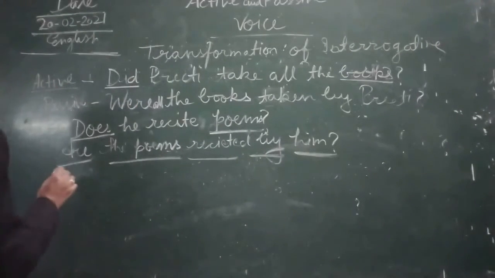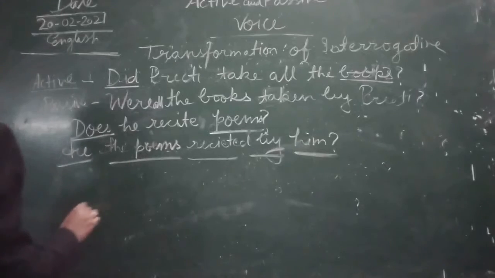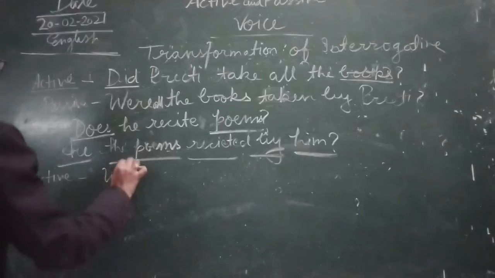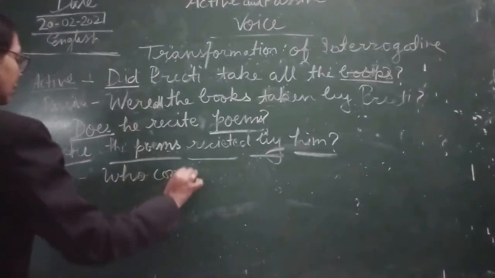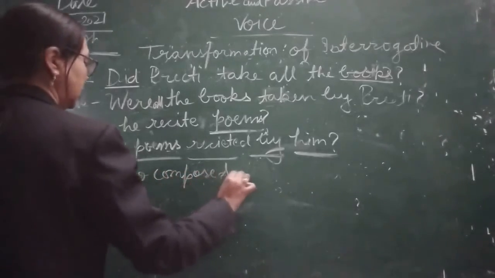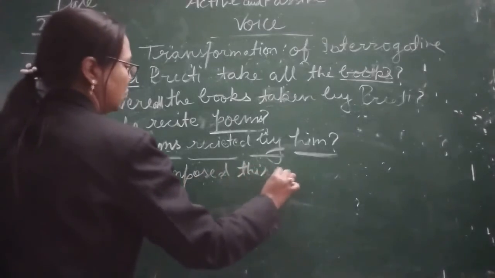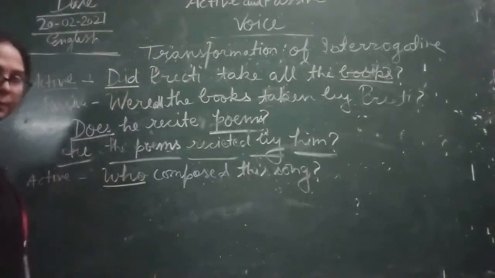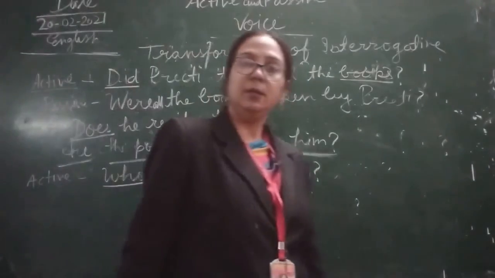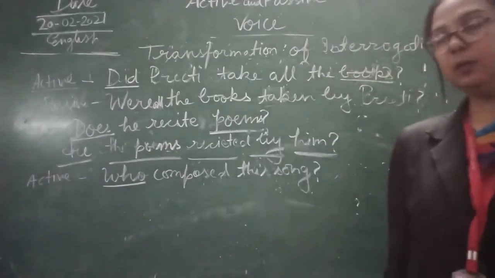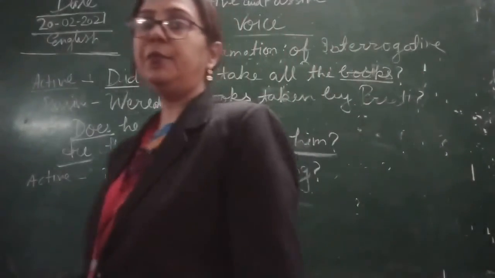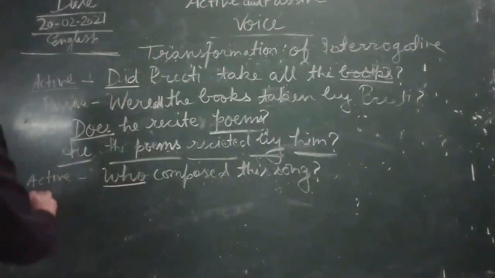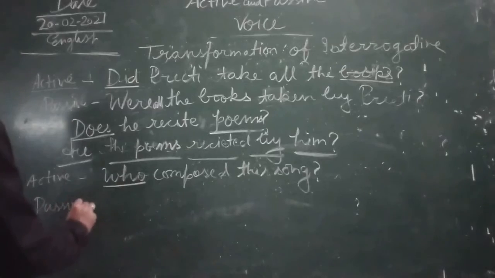Now next, what we will do? Who composed this song? Active voice. Okay children, here you can see who is in this active voice. So what we will do children? We just add by in front of who, we will write by whom. Passive voice, what we will do?